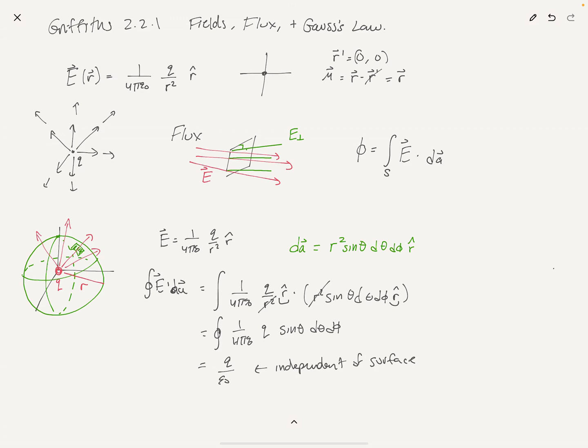If I were to calculate the flux from a particle here versus here versus here, for spheres of different radii, those would be exactly the same. So we calculated the flux of electric field lines going through the surface of a sphere.